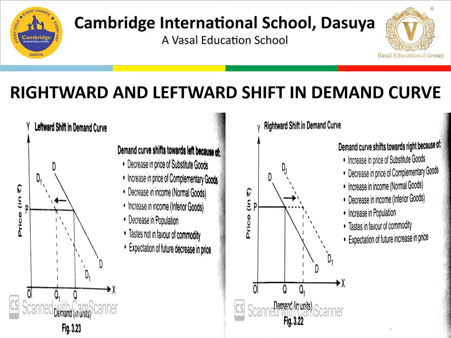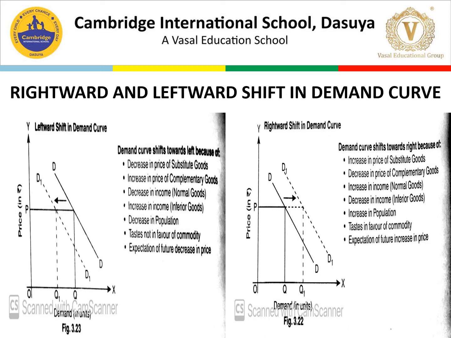Another thing is the rightward shift in the demand curve. The reasons are the opposite of the leftward shift: an increase in price of substitute goods, a decrease in price of complementary goods, an increase in income for normal goods, a decrease in income for inferior goods, an increase in population, taste in favor of the commodity, and expectation of a future increase in price.